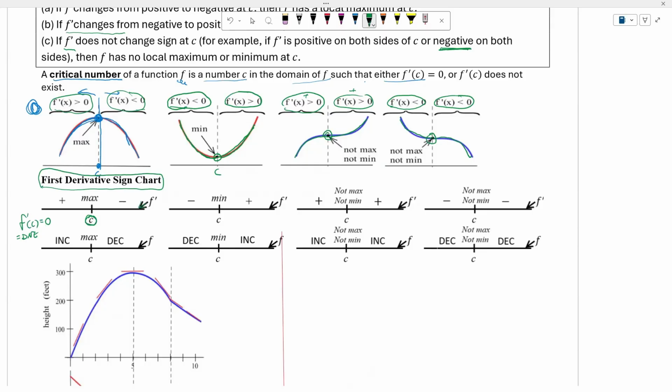If f prime changes from positive to negative, meaning the function f changes from increasing to decreasing, then at c this is a local maximum. On the other hand, if f prime changes from negative to positive, meaning the function f goes from decreasing to increasing, then c is a local minimum.